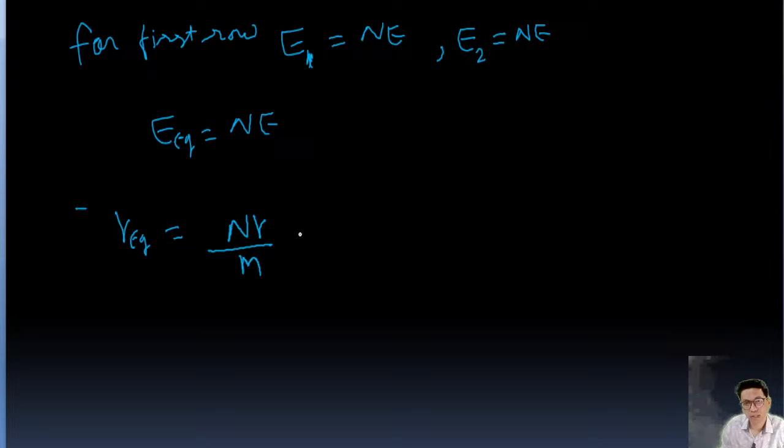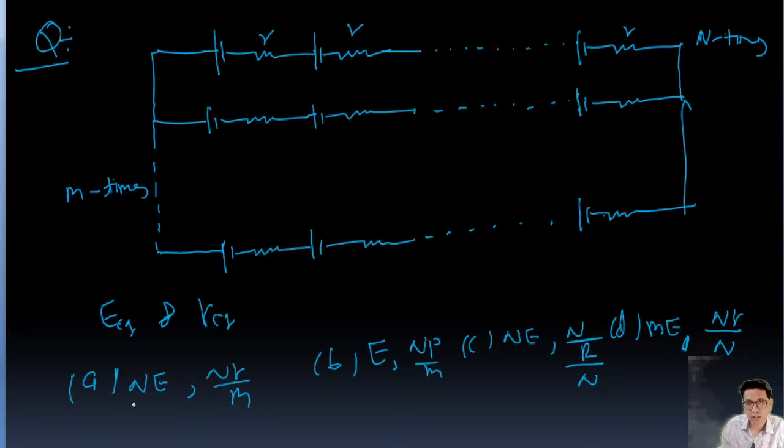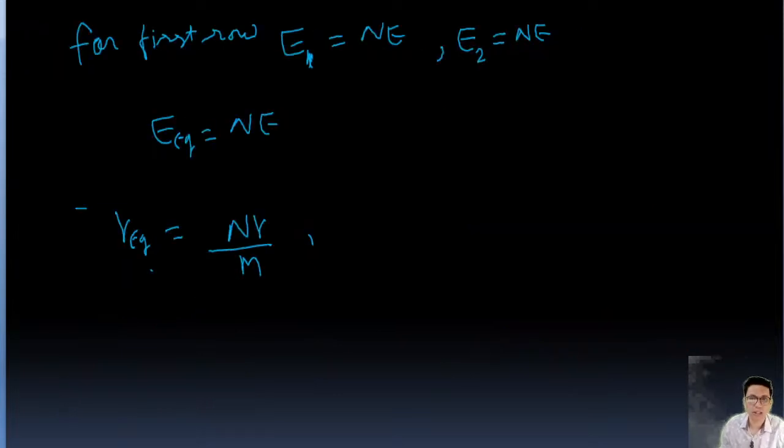This is important guys. So R equivalent is this, E equivalent is NE. Which option is matching guys? Let me check. E equivalent is NE and R equivalent is NR upon M. So option A is matching, NR upon M. So this is the answer guys.